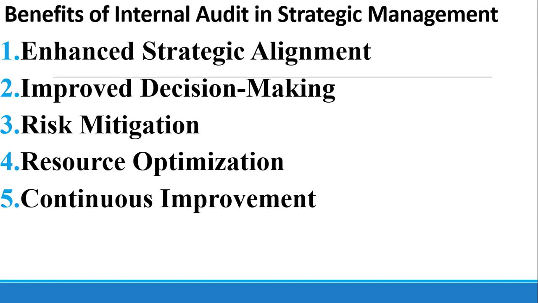The third one also borders on the degree to which risk can be mitigated. So the internal audit will ordinarily identify potential risks that could derail the attainment, in fact, the rollout of a strategic plan towards the attainment of the strategic objectives.